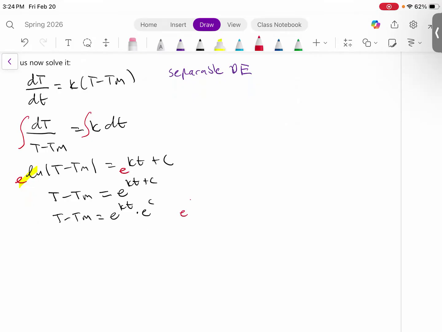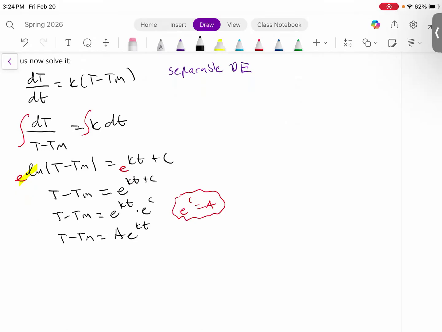We can make e to the C equal to a constant A. So we can have T minus T sub m equals A, bringing that A up in front, times e to the kt. And let's go ahead and add our ambient temperature T sub m to both sides. We'll get T equals A e to the kt plus T sub m.